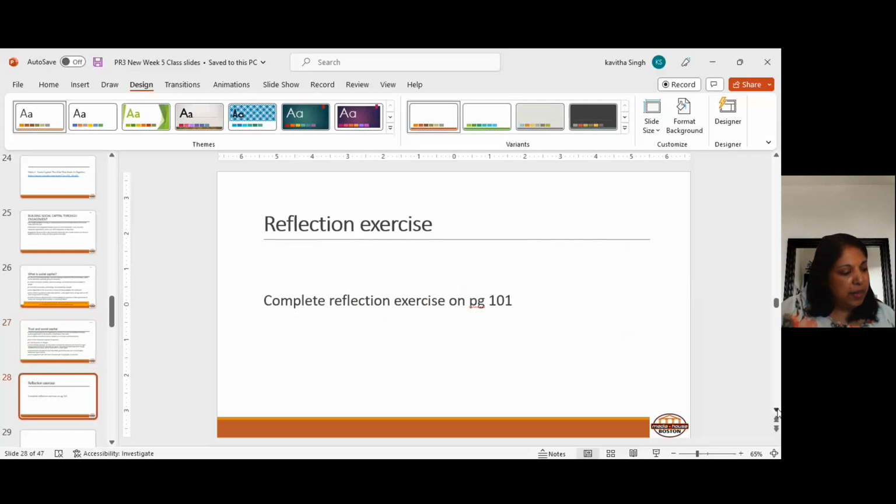Now, the reflection exercise that we are looking at is at the bottom of page 101. It says here: how is social capital built through communication networks?